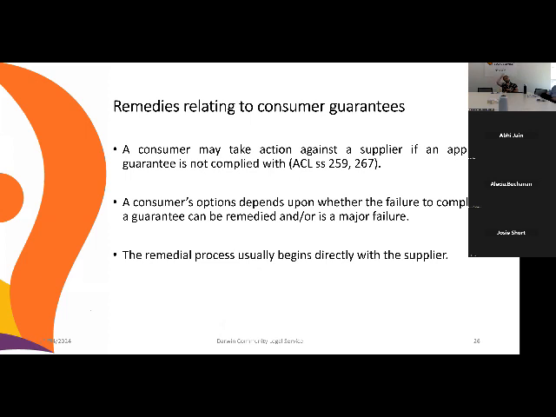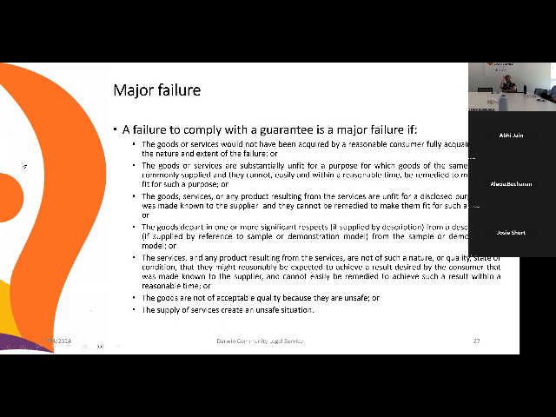They've got reputational things that they need to consider, and they want to have that reputation of being a supplier of choice, I guess. So they make sure that they address consumer concerns quite promptly. There we go. So what is a major failure?